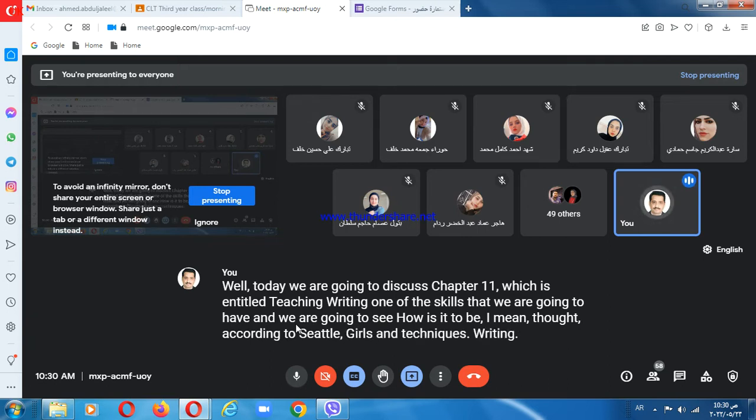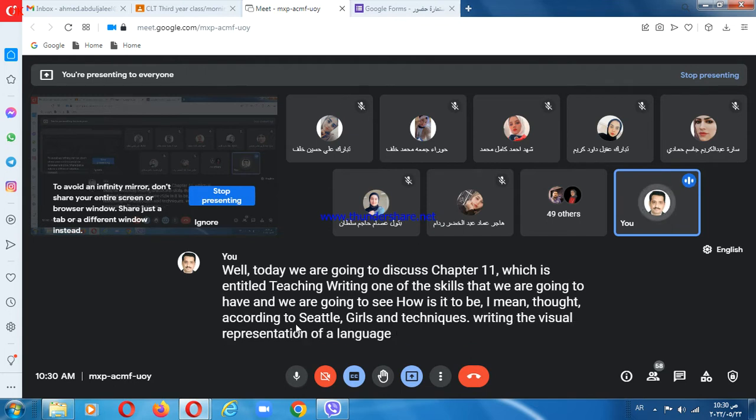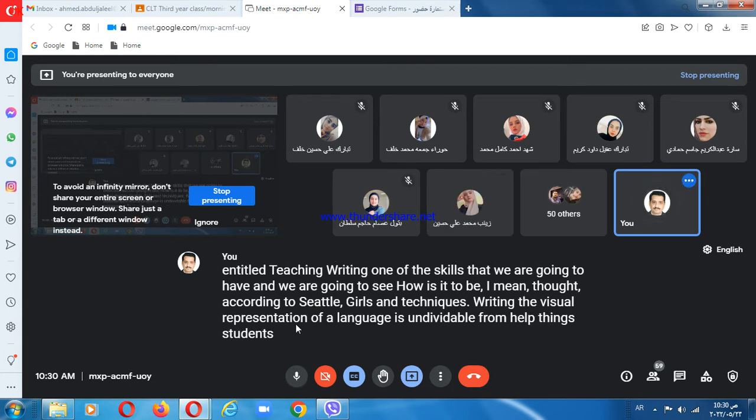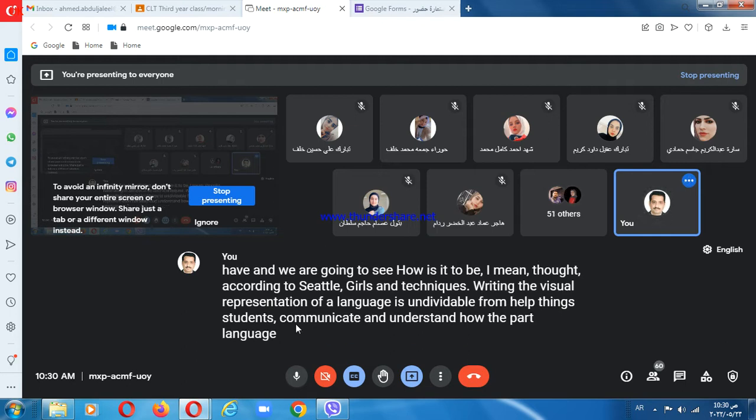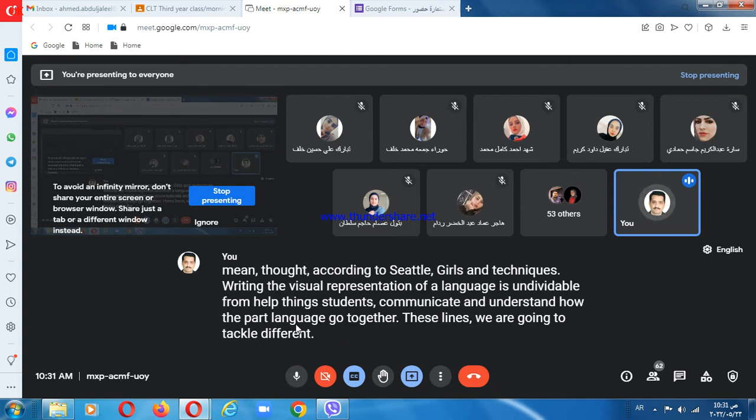Writing, the visual representation of a language, is undividable from helping students communicate and understand how the parts of language go together. In these lines, we are going to tackle different ideas that are related to writing.